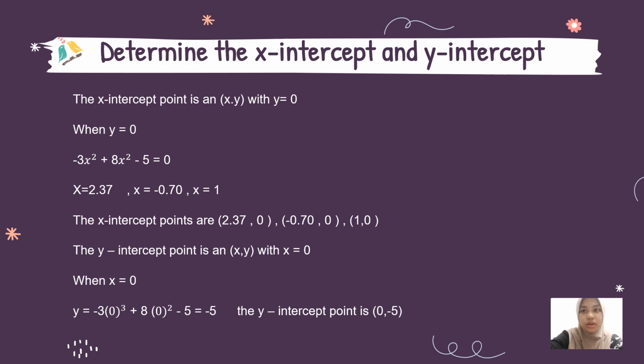The x-intercept points are (2.37, 0), (negative 0.70, 0) and the last one (1, 0). The y-intercept point is (x, y) with x equal to 0. When x equals 0, y equals negative 3(0)^3 plus 8(0)^2 minus 5, which equals negative 5. So the y-intercept point is (0, negative 5).